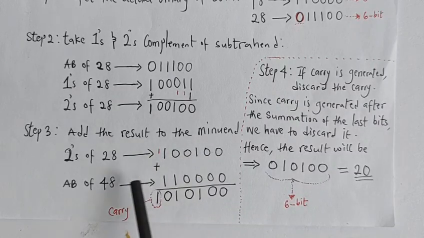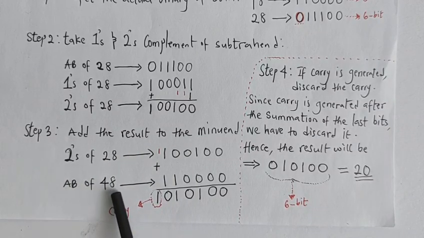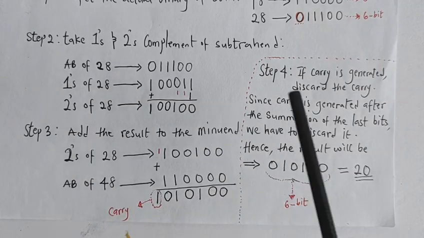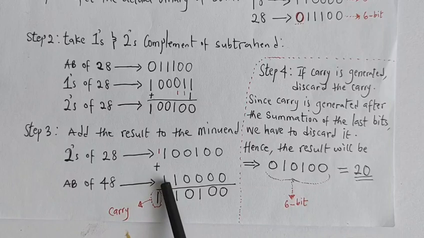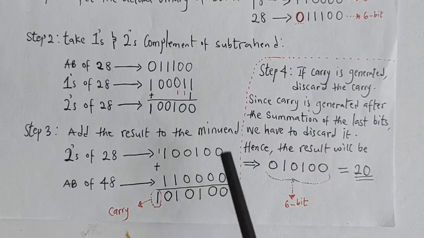Let's add this result to the actual binary of 48, the minuend. If you remember, our actual value for the minuend is 1, 1, 0, 0, 0, 0. This is 48.